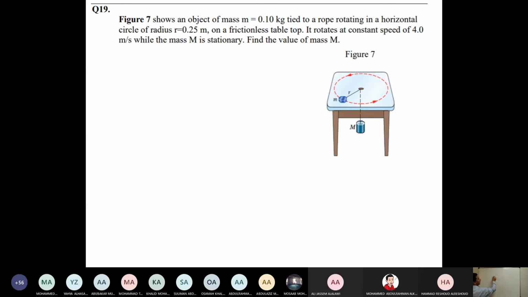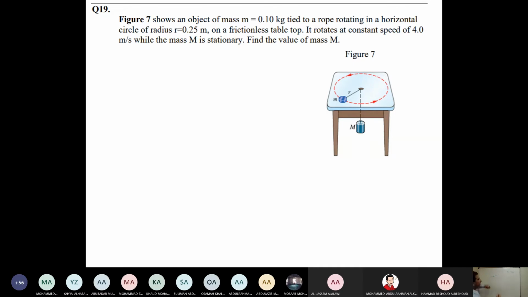So the tension is downward. And as a result, the tension force is mv squared by r, because there is a centripetal force. So mv squared by r is the tension for the mass which is on top. Therefore, I'm taking it as the small m.